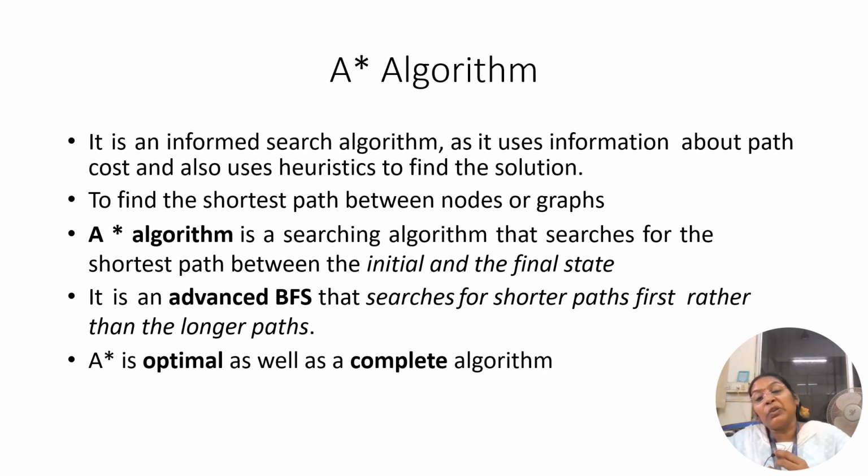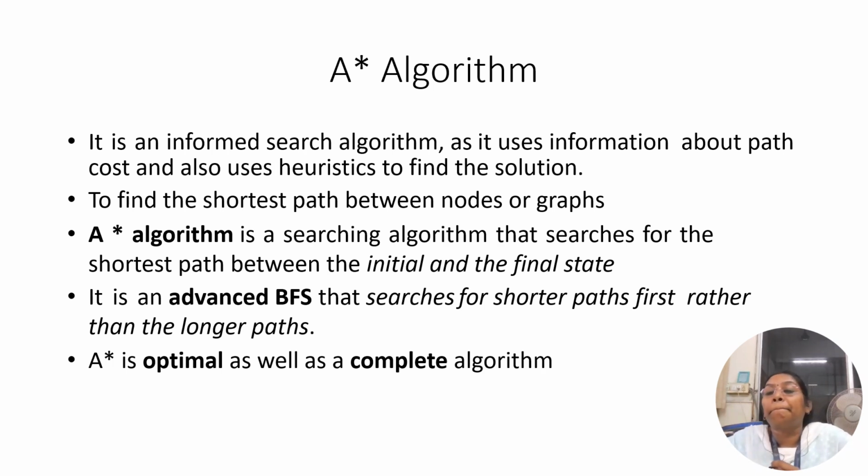It is used in finding the shortest or least cost path from a particular initial node to the end or goal node by including the actual cost and the estimated cost.